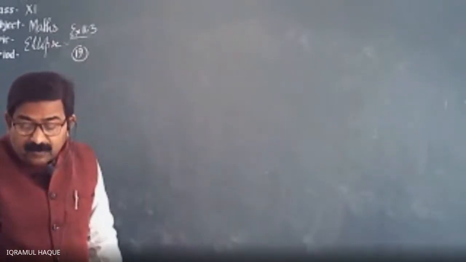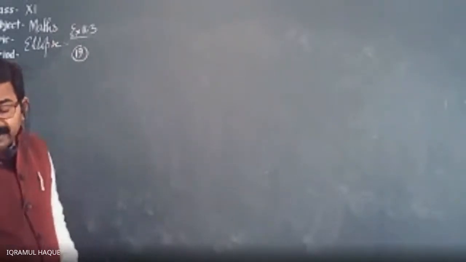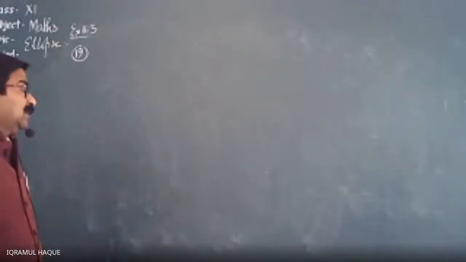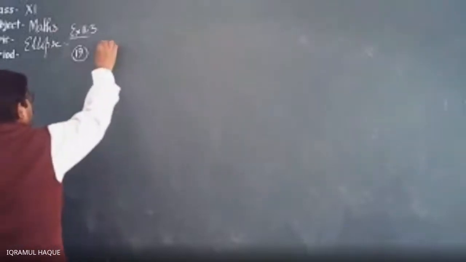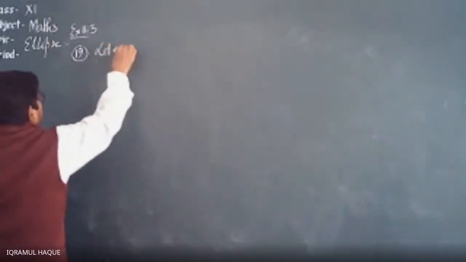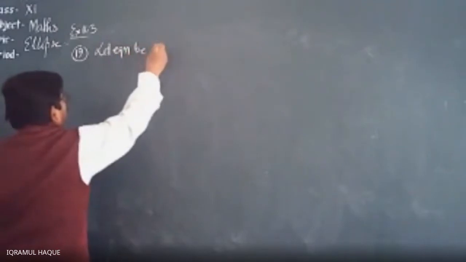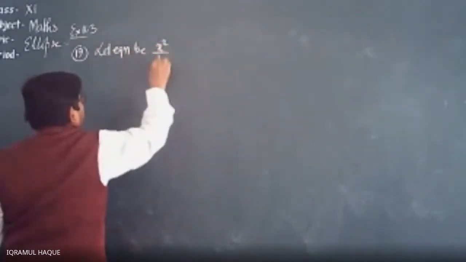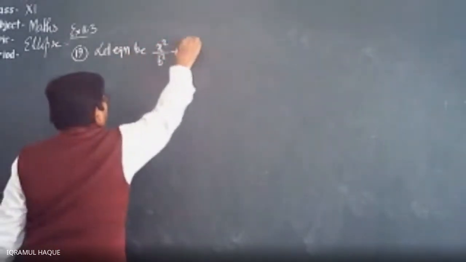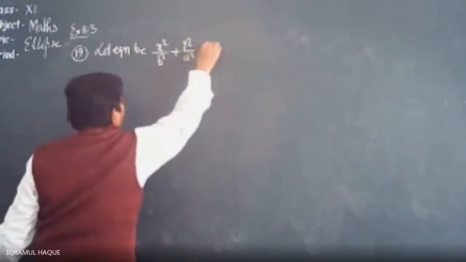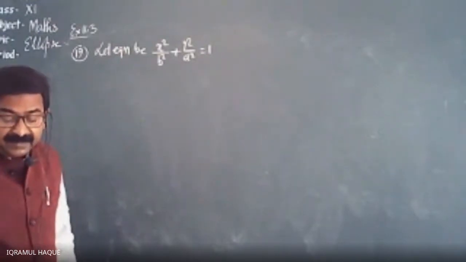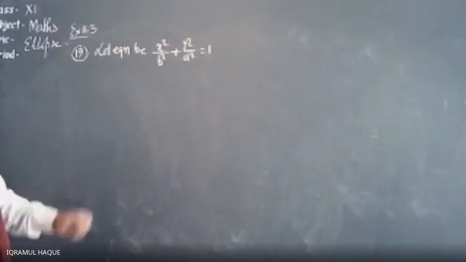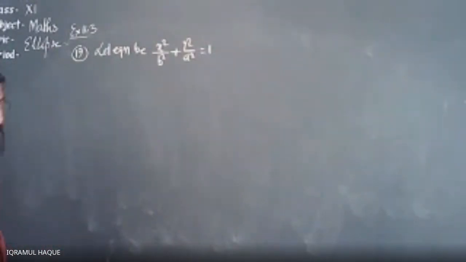Major axis on y-axis, passes through points 3, 2 and 1, 6. See, major axis on y-axis. So assume the equation. Let the equation be x square upon b square plus y square upon a square is equal to 1.